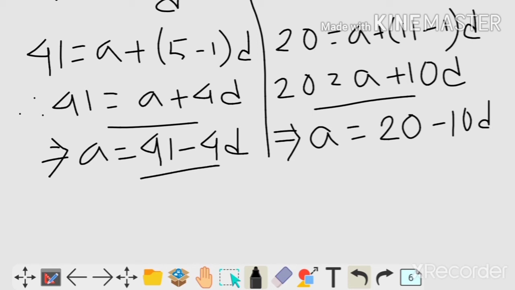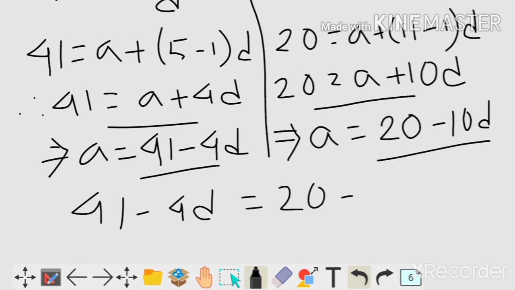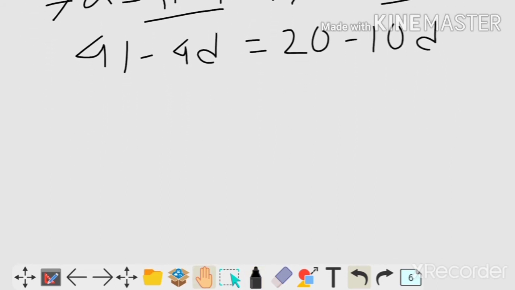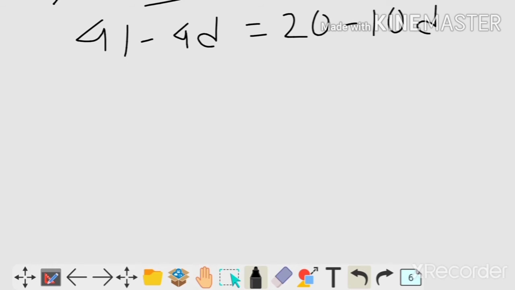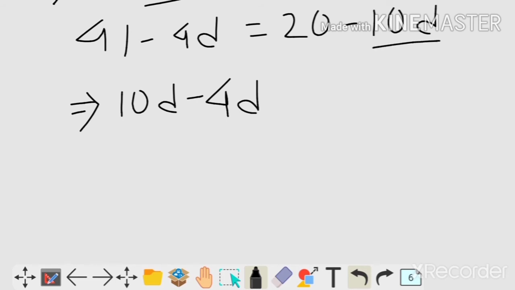So if we compare these two, that means 41 minus 4D equals 20 minus 10D. We'll get 10D minus 4D. Here we take this 10D to the left hand side and we'll write 20 minus 41.